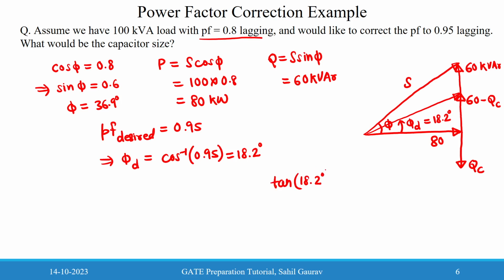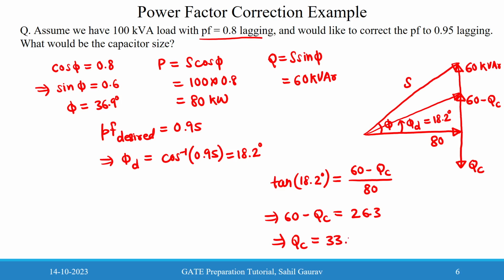Tan 18.2 degree will be 60 minus QC divided by 80, perpendicular divided by base. So from here 60 minus QC will be 26.3, and therefore QC will become 33.69 kVAR. This will be the capacitor size.